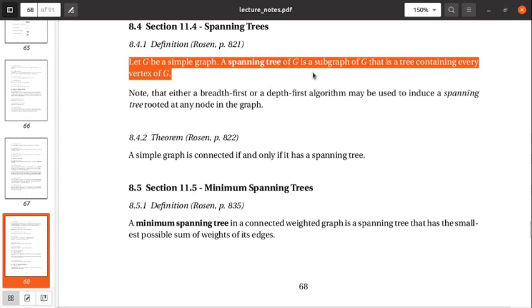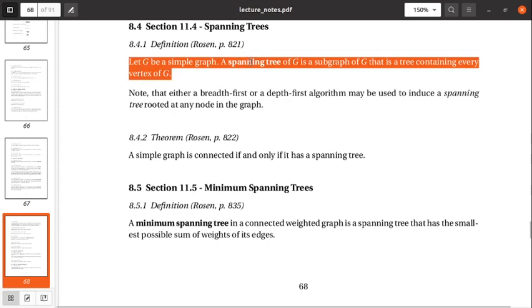So taking this simple graph where everything is connected, and then removing enough edges such that you don't break the tree structure, but that you now have a tree derived from that graph. And so it's possible that a given graph can have multiple spanning trees.